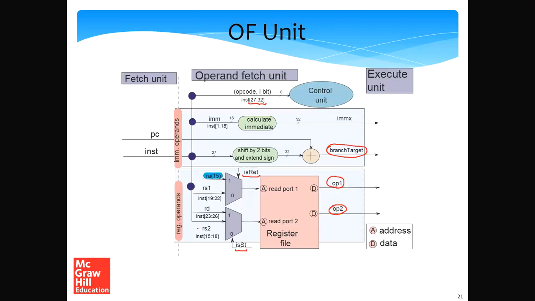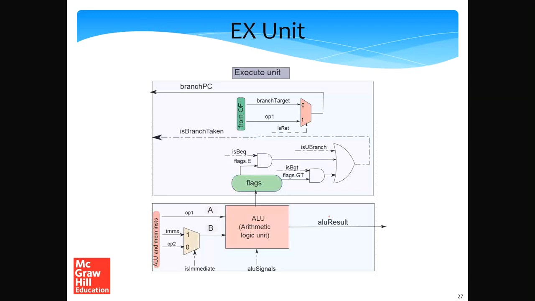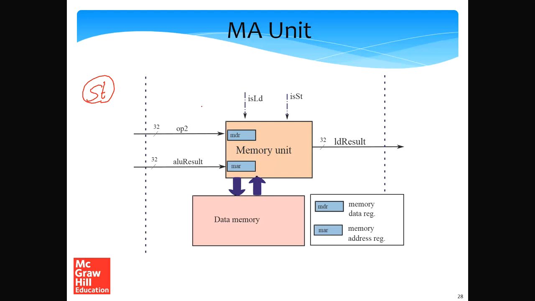Let's go back to the point where the register that contains the value to be stored is the RD field in the instruction, bits 23 to 26. If the instruction is a store, then this value will flow to the register file, and the output will be OP2. So OP2 contains the value that needs to be stored. This is the store value, and the memory address is there in the ALU result field.